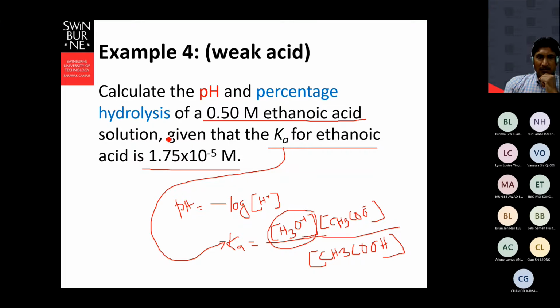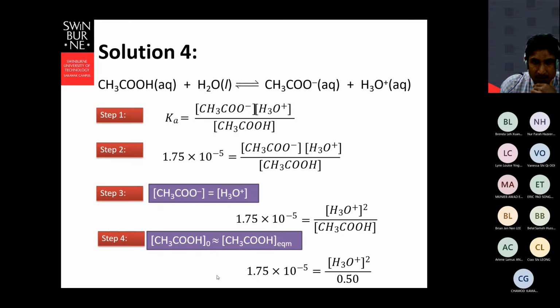Whatever dissociation happens between them, the hydronium ion concentration and the CH3COO minus concentration should be equal.